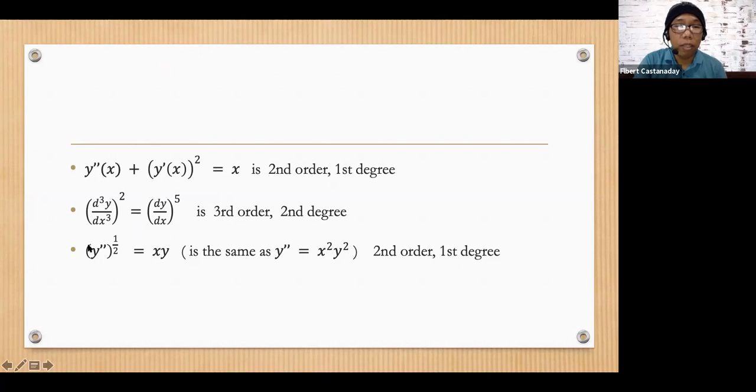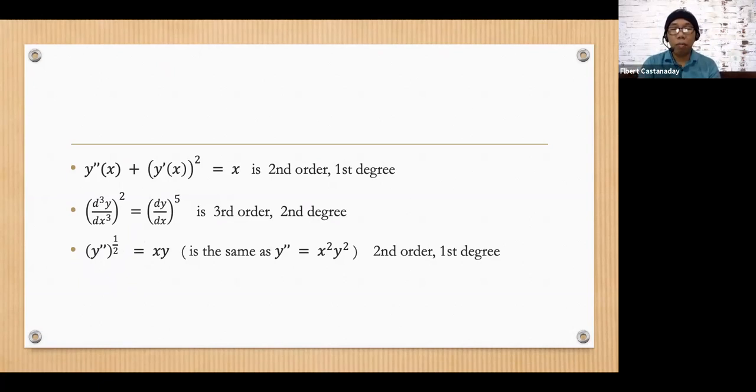Anyway, another thing here: to be able to determine the degree, in some instances you will see fractional exponents or radicals. You must clear off the fractional exponents and make them whole number exponents, for you to be able to answer the degree of that differential equation.